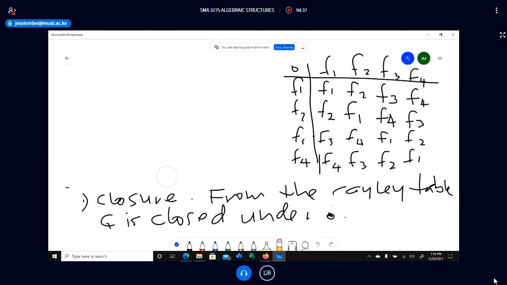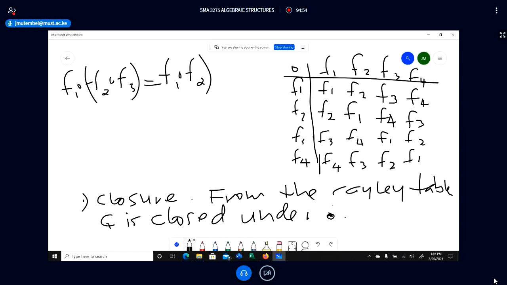So if we take, for example, F1 composite F2 in brackets composite F3, will this be equal to F1 composite F2, these two in brackets, composite F3?